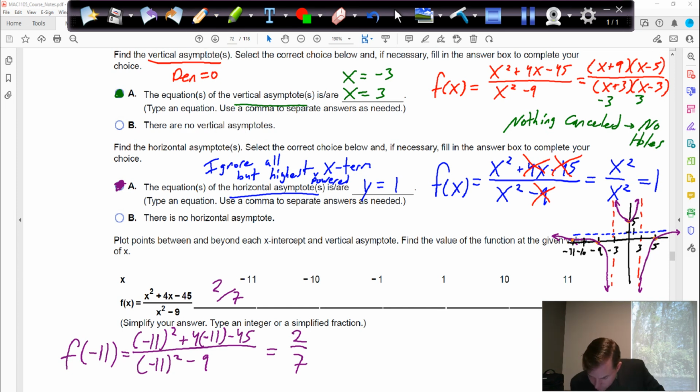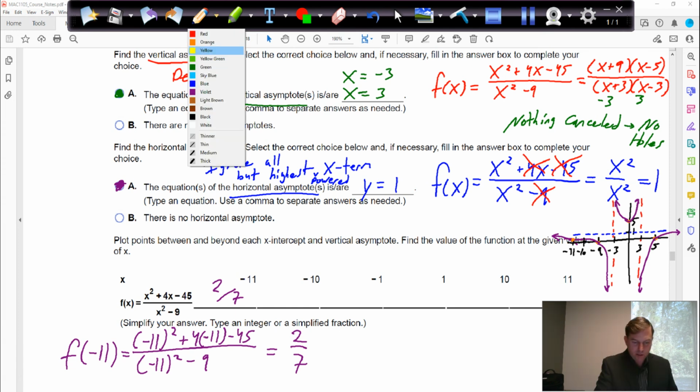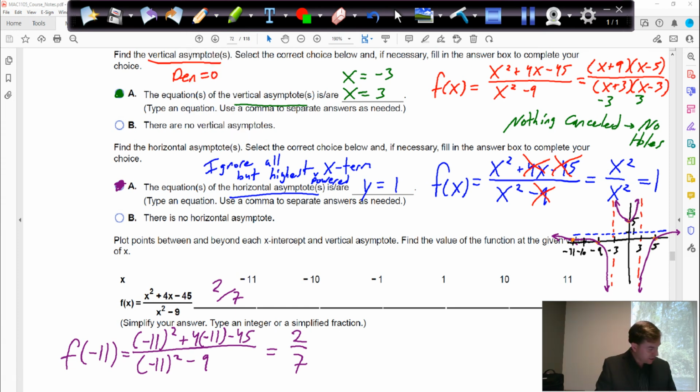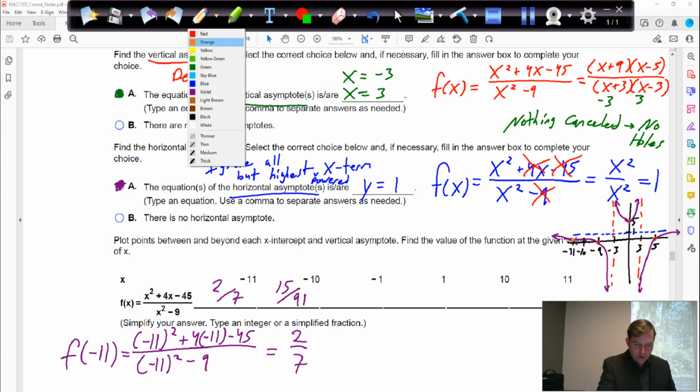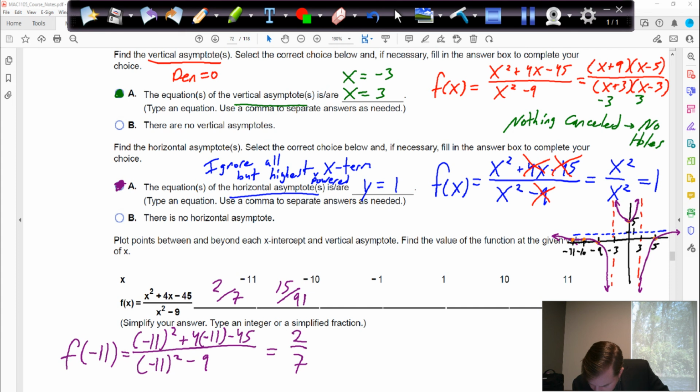It's closer to 0 than it is to 1, so it's down here. And then they're going to have you plug in -10. If you plug in -10, you get 15 over 91, which is even closer to 0. So it's a little bit closer to this x-axis, right there.